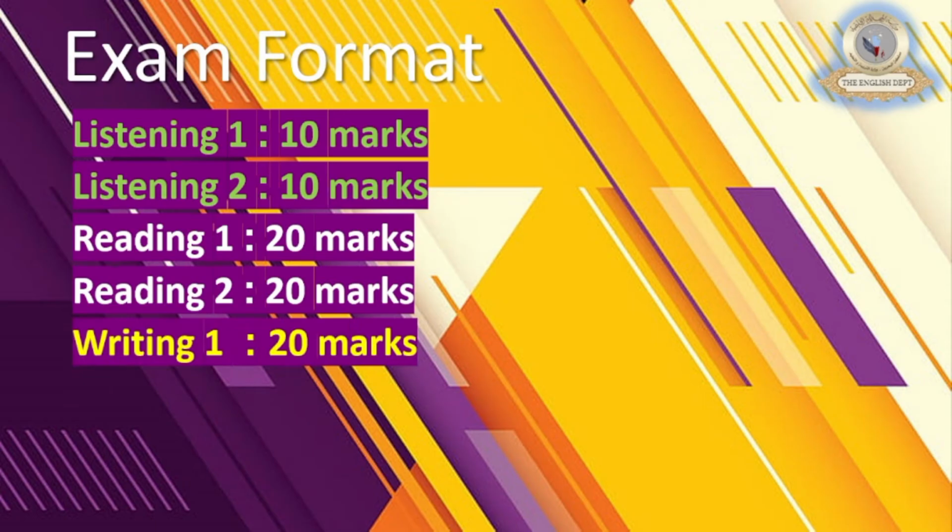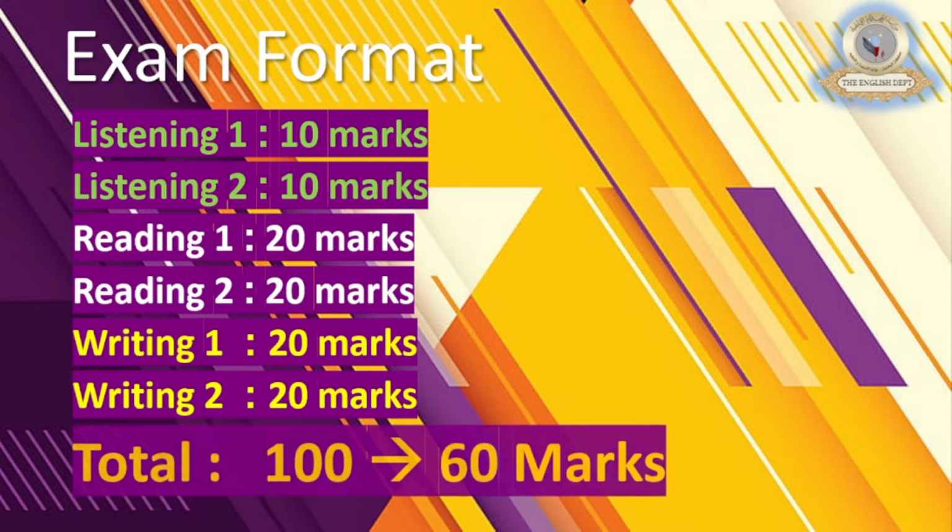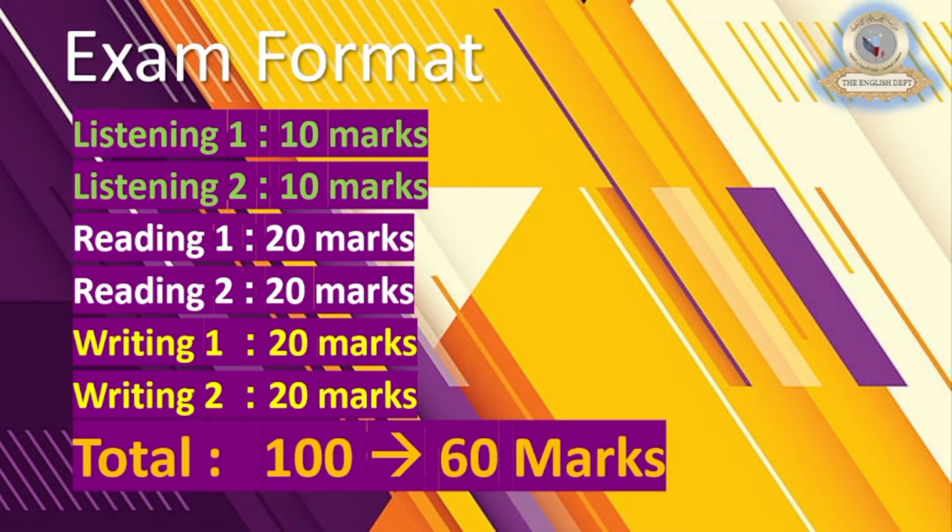Writing 1, this is where you are going to choose one obligatory writing task. And writing 2, here you are going to have A and B, 2 options to choose from. These make 100 altogether. Then we teachers turn them into 60 marks. So if you get 100 out of 100, it means that you got 60 out of 60. If you get less, you are going to get less in the 60 marks.